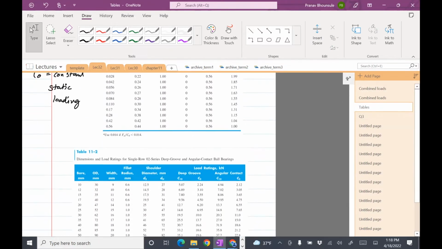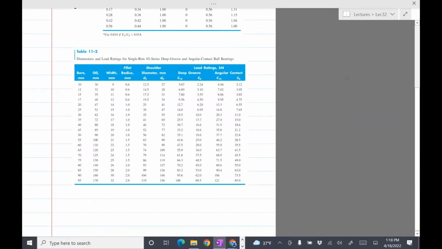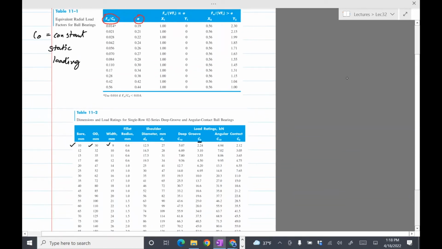The other piece of information is how do you choose ball bearings? This is the bore, the outer diameter, width, and then a bunch of parameters for the bearing. So depending on the size of the bearing you want in your application, you can then go ahead and figure out things like C0, which by the way is needed here. You can figure out the C10 rating, and this is for the deep groove bearing, and then there are similar tables for angular contact bearings.